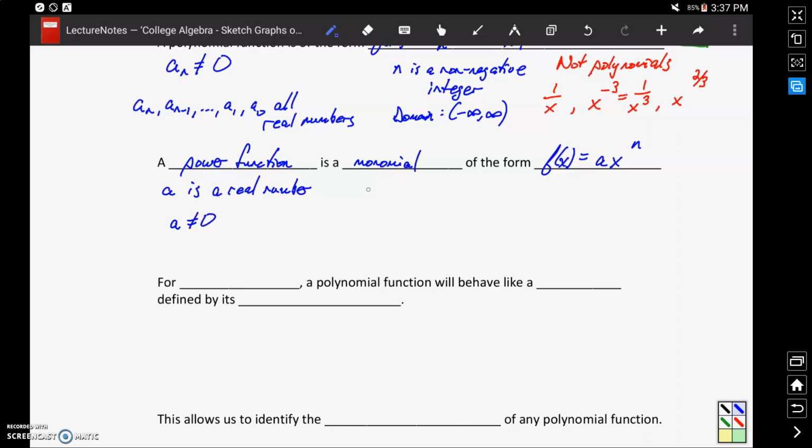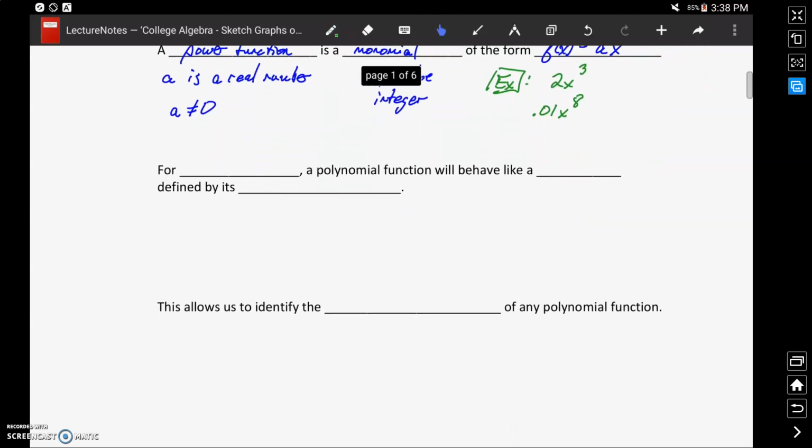Our value for n has to be a positive integer. And so some examples of power functions would be something like 2x to the 3rd power, 0.01 x to the 8th power, anything where we have a polynomial function that consists of just a single term.